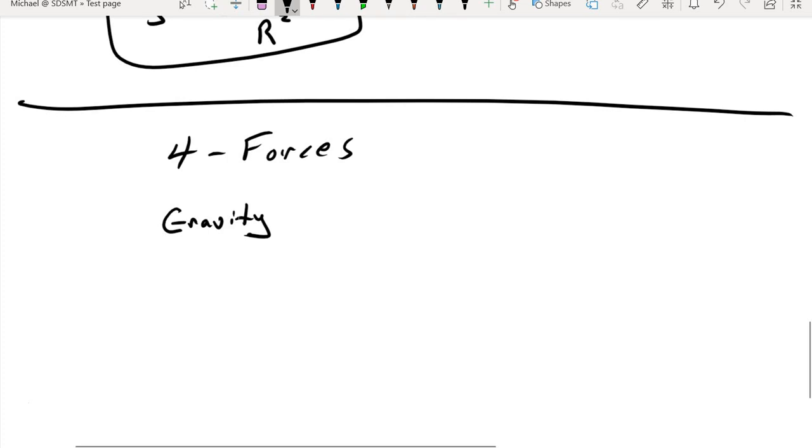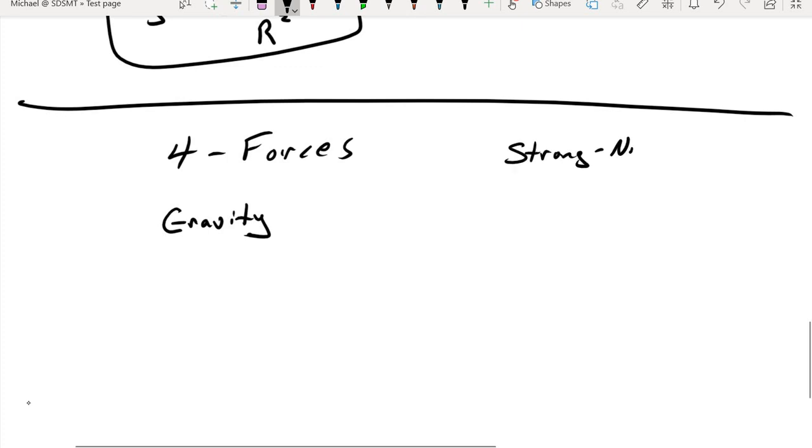But then the other types of forces that we had back in Physics 1 were forces like tension, normal force, friction force, centripetal force. All of those forces are going to fall into one of the categories that we're going to list here today.